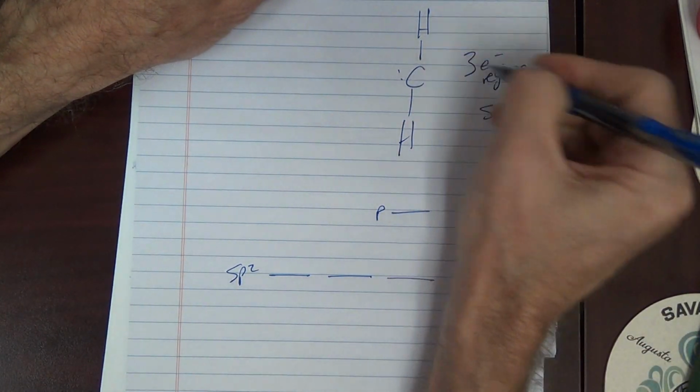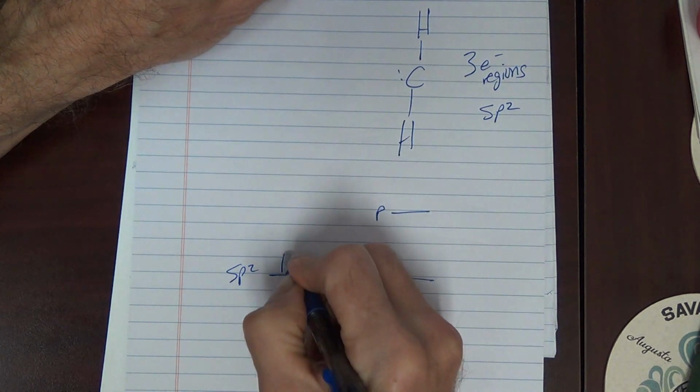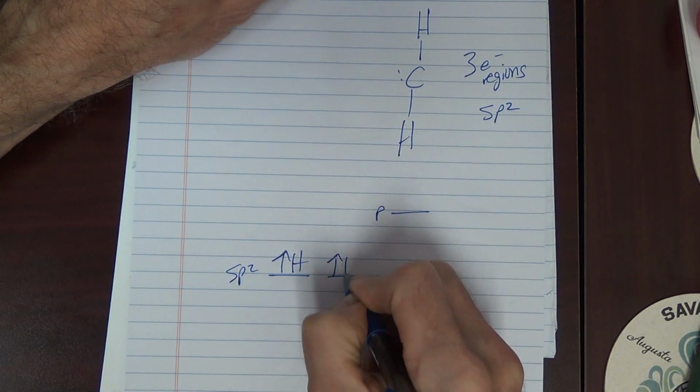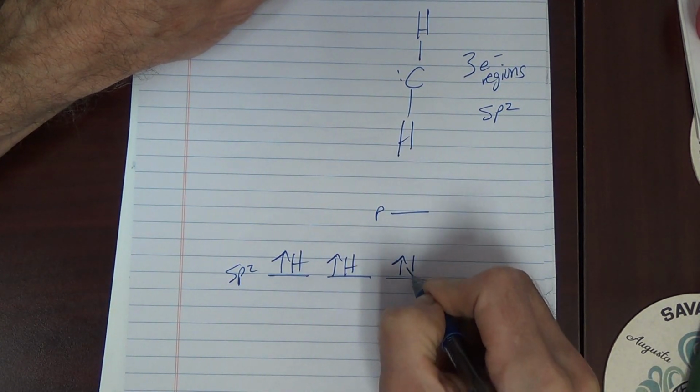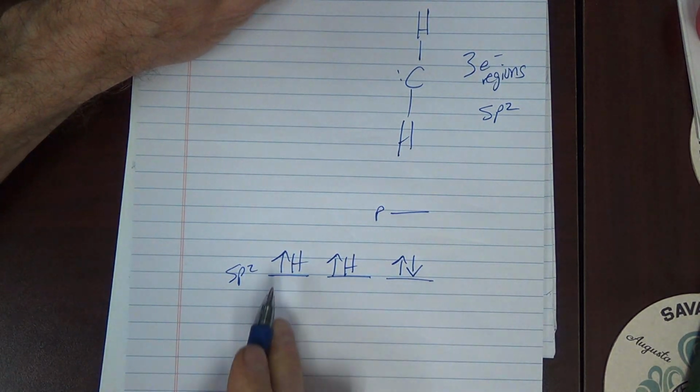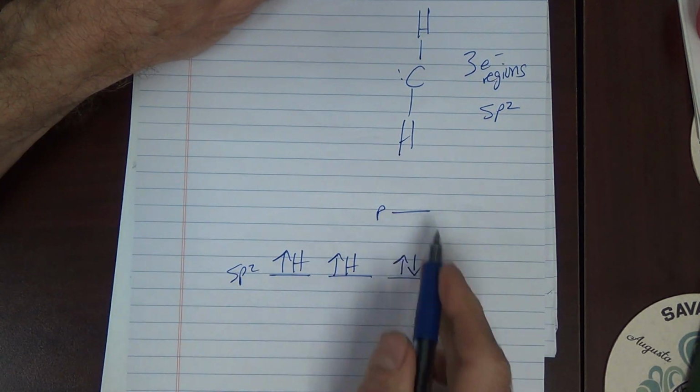And the three regions are a bond to H, and a lone pair. And the four arrows are the four valence electrons of the carbon.